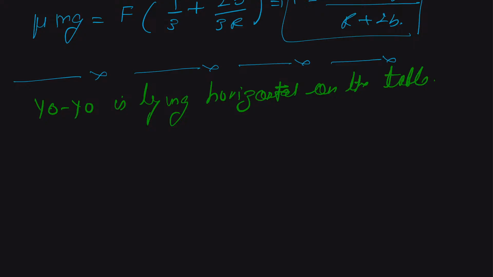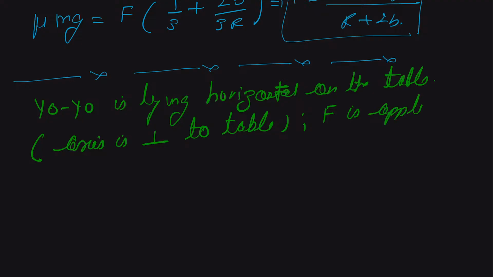Lying horizontal on the table, which basically means that our axis is perpendicular to the table. Okay. And F will be parallel to the table. F means applied force, and we can say F is applied parallel to the table.